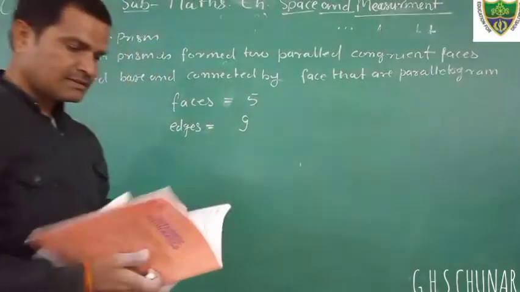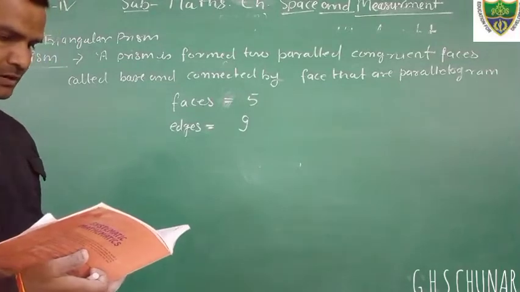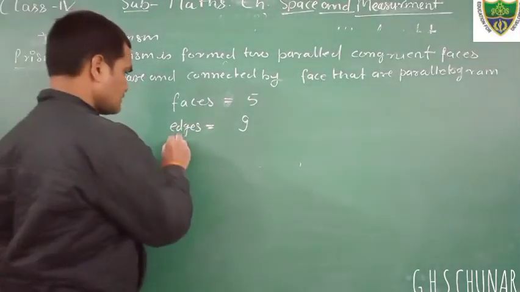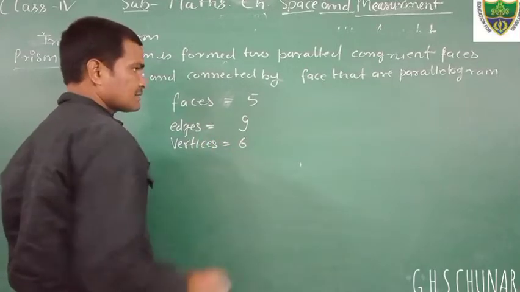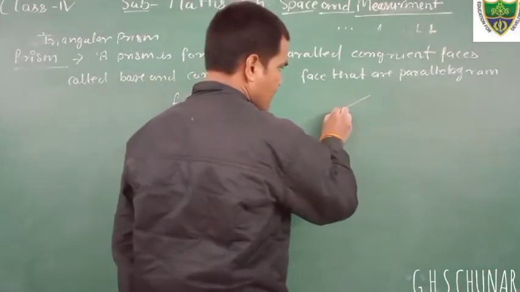And how many vertices? 1, 2, 3, and 6 vertices, that is 6. This is the shape.